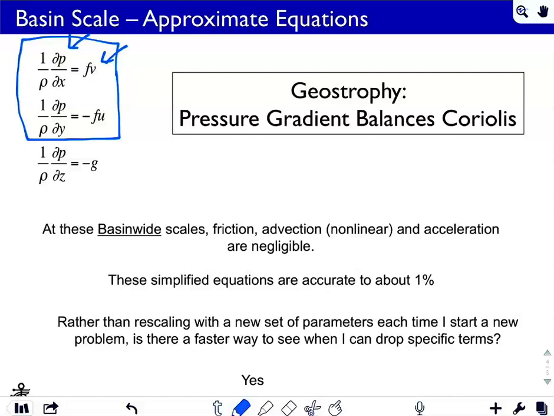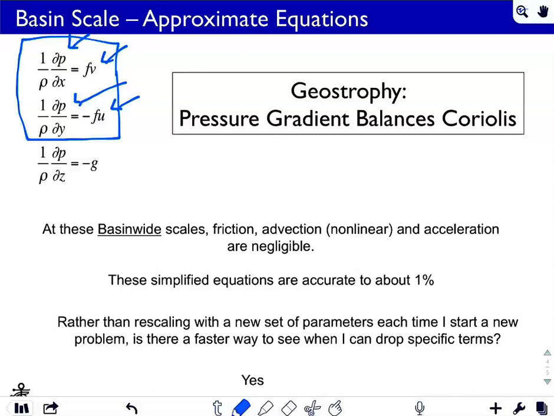And in the V momentum equation, the equation for V, we have the pressure gradient in the Y direction balances the Coriolis parameter here. Now note, in the X momentum equation, the top equation here, 1 over rho partial P partial X equals Fv, the velocity in there is the V velocity.